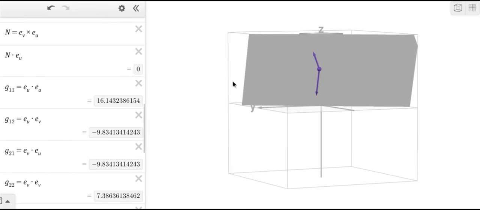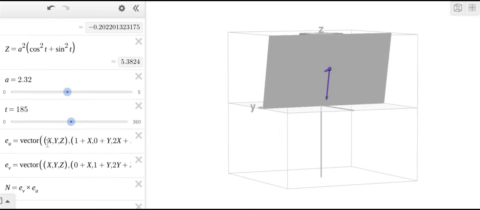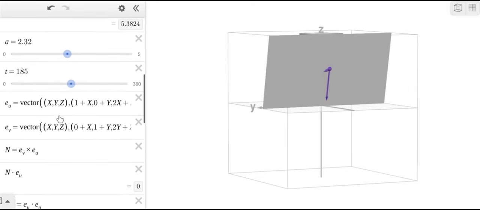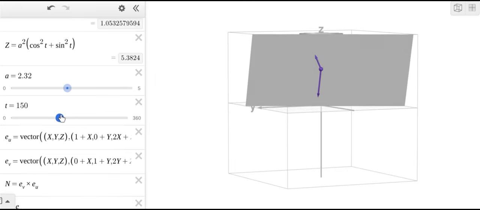But I'll look at this point here. G11 is 16 and change. Now let's move this angle. Let's go back and look at it. Look at that. It's 22 and change. So that's what I'm saying, that you can only compare apples and apples by doing anything you're doing at that point in that tangent plane.